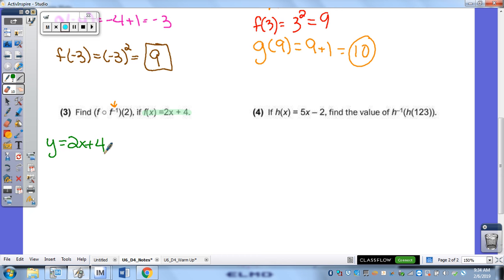So y equals 2x plus 4. Switched it from f of x to y first. Switch my x and my y. And so now we solve for y. So I'm going to subtract the 4 first.